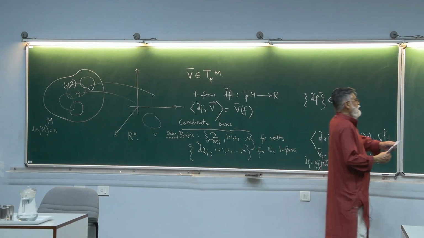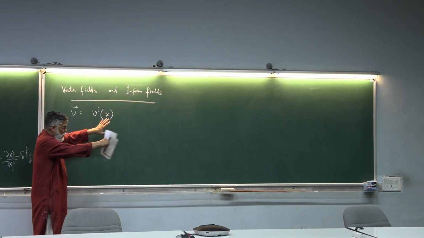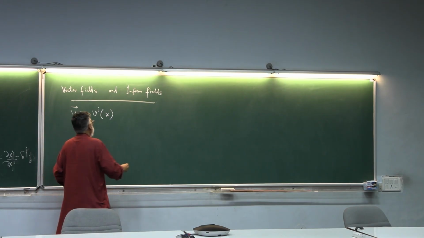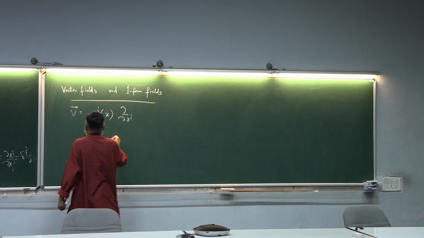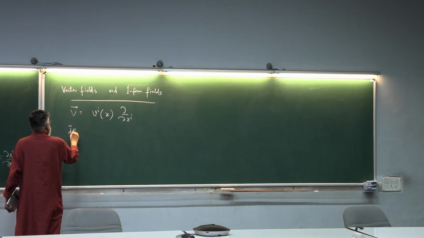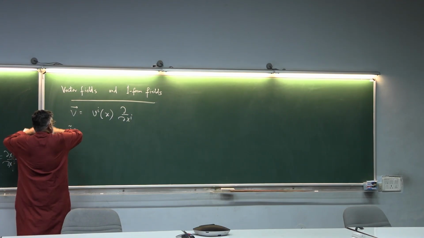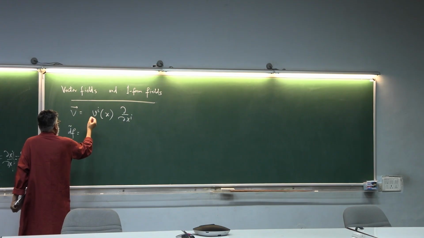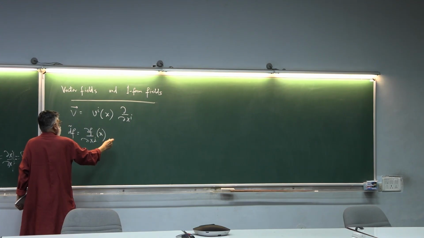So I will not write x1, x2, up to xn, it's implied. All the coordinates are there: V i of x, del by del x i. Similarly, any one form d of f can be written, now that these are fields, defined all over the manifold, as del f by del x j of x.